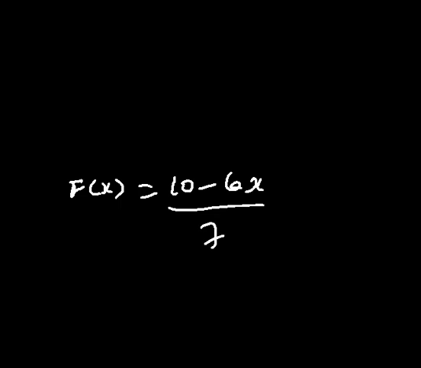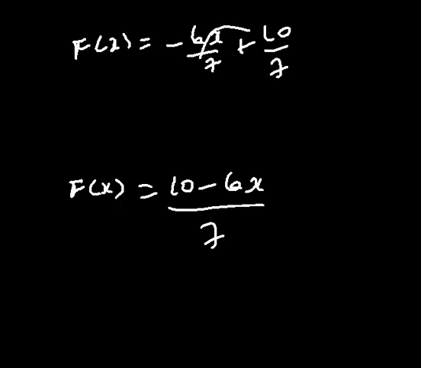Even if we have f(x) = (10 - 6x)/7, this is a linear function, since on the denominator we have the constant, and on the numerator we have x with the highest degree power of 1. Otherwise, this can be expressed as f(x) = -6x/7 + 10/7. As you can see, this is a typical linear function.